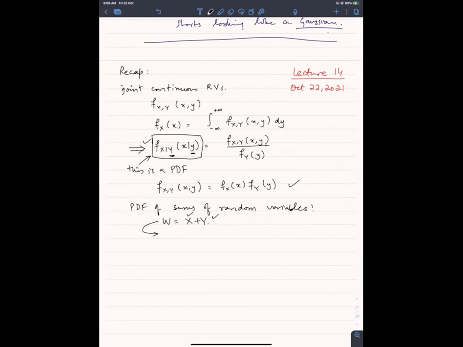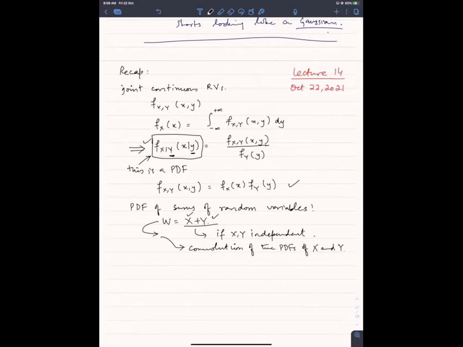So the PDF of W can be found by using the PDF of X and the PDF of Y. If X and Y are independent, then we saw that the PDF of W is given by the convolution of the PDFs of X and Y. You have to convolve these two PDFs with each other.